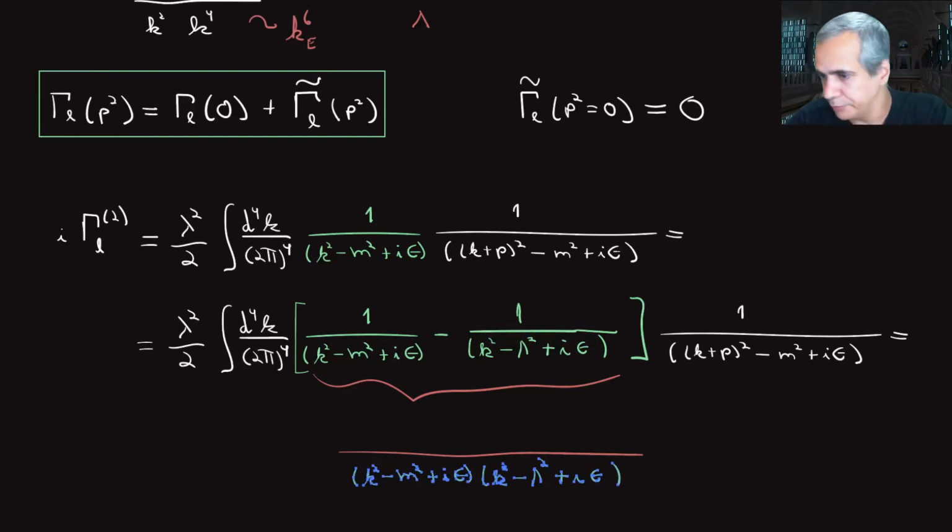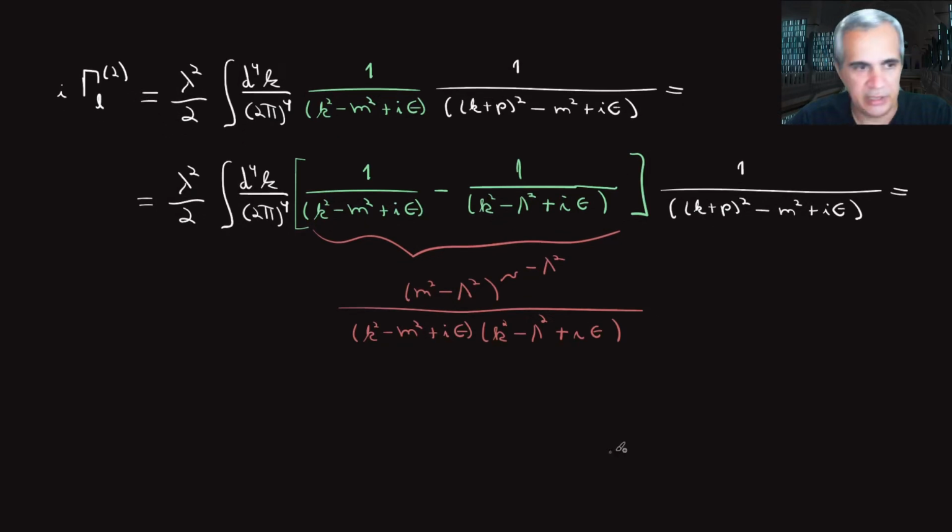And on the numerator, I'll have just m squared minus lambda squared, after I do a little bit of algebra. And of course, lambda is much bigger than the mass, so this is just minus lambda squared, which allows me to simplify everything. Let me do that.